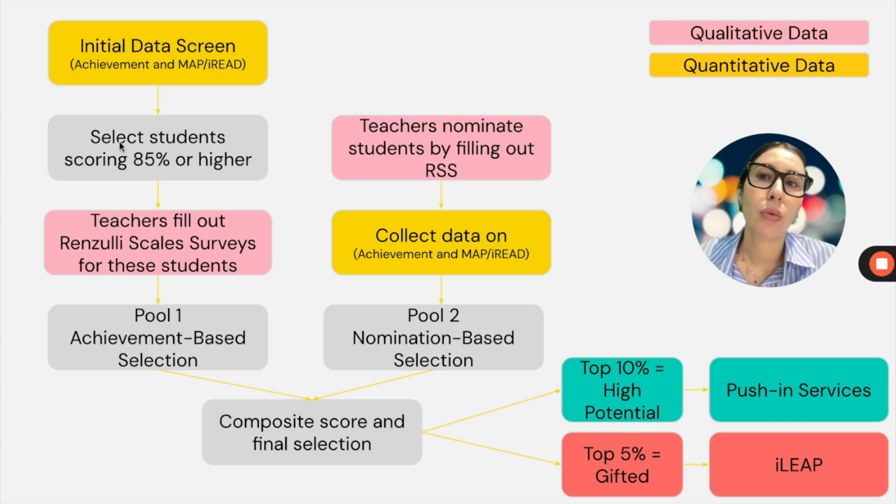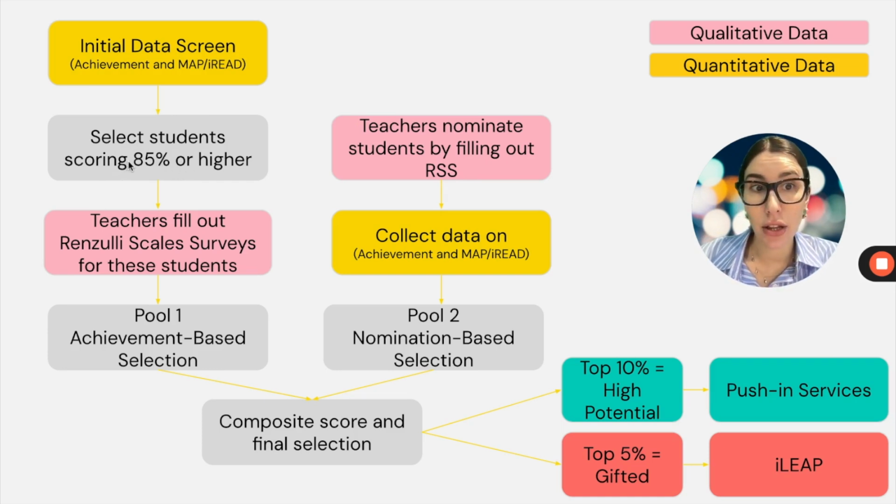From that, we're going to select the students that scored 85% or higher on those two metrics, achievement score as well as standardized testing score.